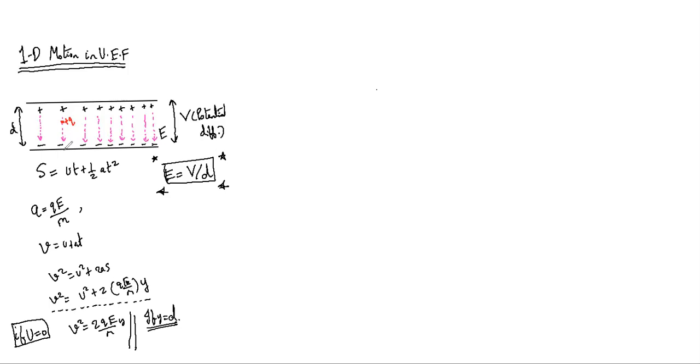So that time we can write v square equals 2qE by m into d. Or you can write this as kinetic energy equals half mv square equals q into V. This is an important one.